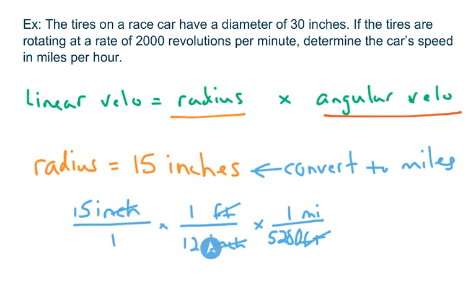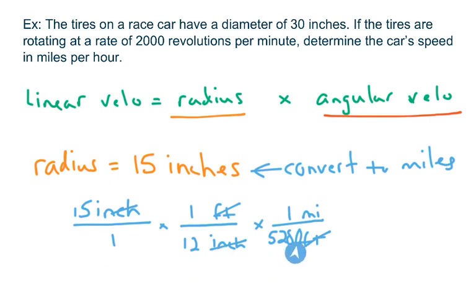The only label I have left is miles. If I want to, I could write this all out. Otherwise, I can just leave it like this, because we're going to type this all in our calculator in just 1 second. So to convert 15 inches to the number of miles, we take 15 times 1 times 1 and divide it by 1 times 12 times 5,280.